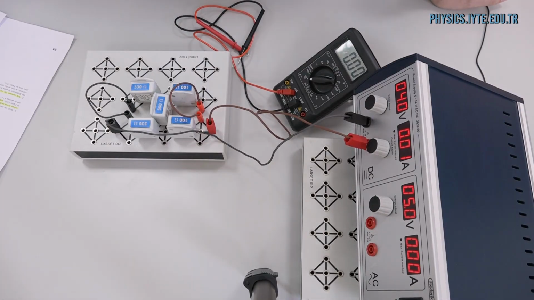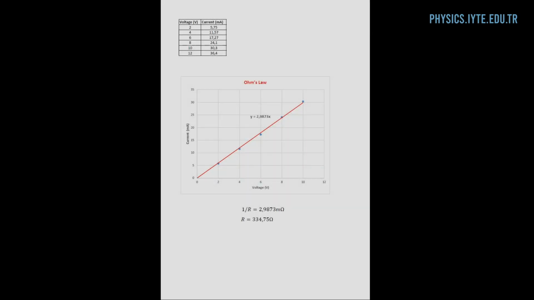In this part of the video, we are going to analyze the data we have taken. We will begin with Ohm's law. During the experiment, we have applied different values of voltages across a resistor and we measured the resulting currents. When we plot the current versus voltage graph, we see that we get a linear relationship between them.